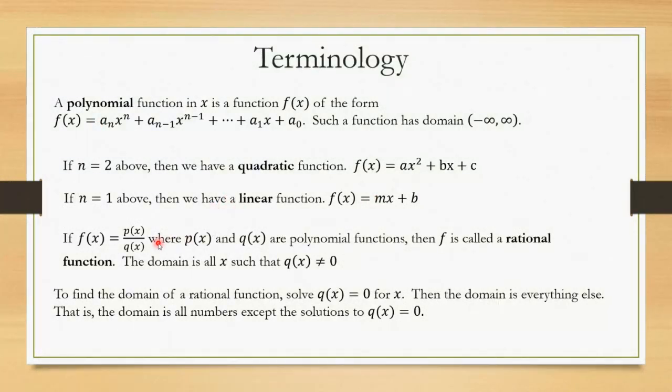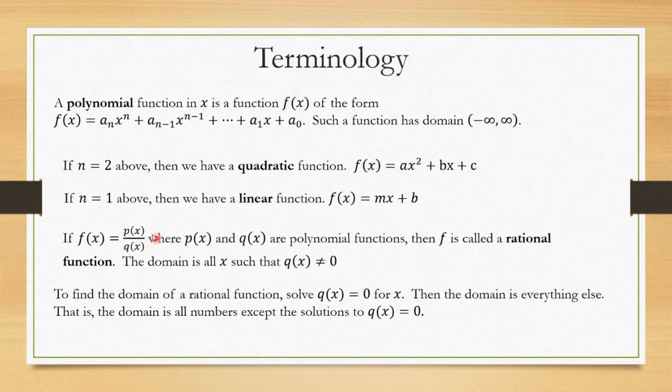We also have rational functions. That's when you have one polynomial function divided by another, like so. It's kind of like with rational numbers, they're just fractions of integers, right? Rational functions are fractions of polynomial functions. Now, what's the domain of this?